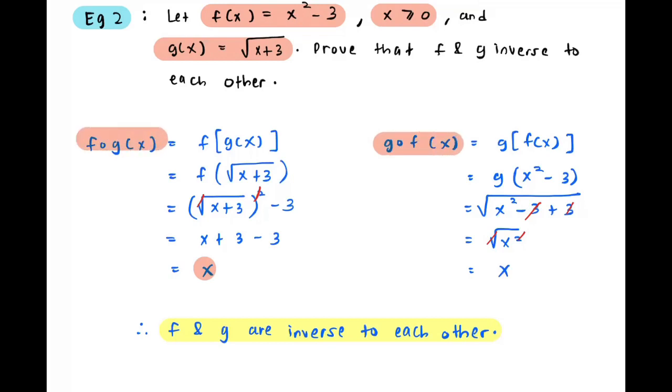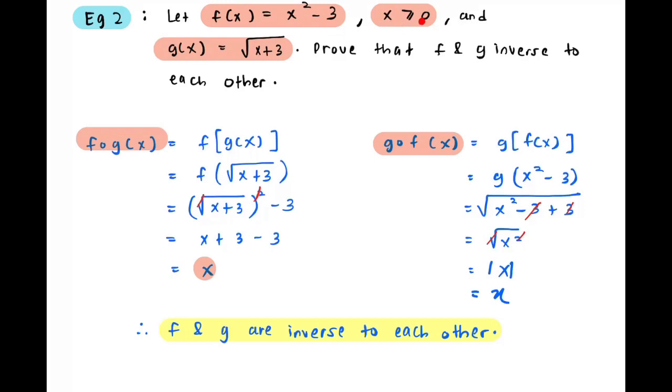So this is g, and then substitute f, and then let's compose g(x squared minus 3). So it is square root of everything plus 3. So 3 and 3 can be cancelled out, and then the square and square root can be cancelled out. The result from here is modulus x.